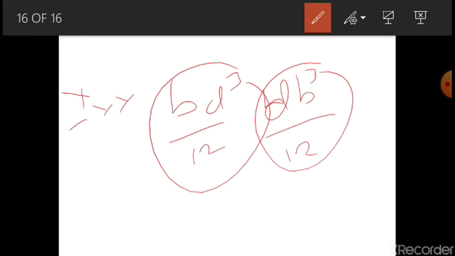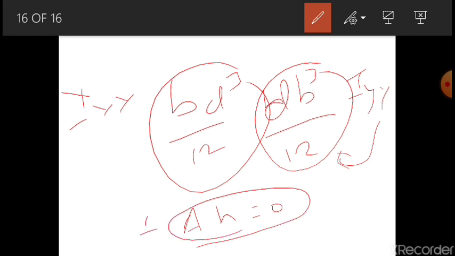Because h becomes 0, A h squared becomes 0, so whatever is remaining is Ig. In what case will it become like this? In the case where your one axis is symmetrical.